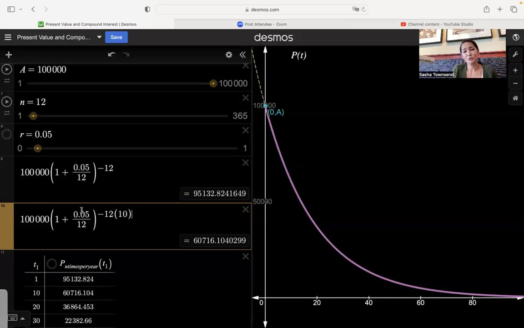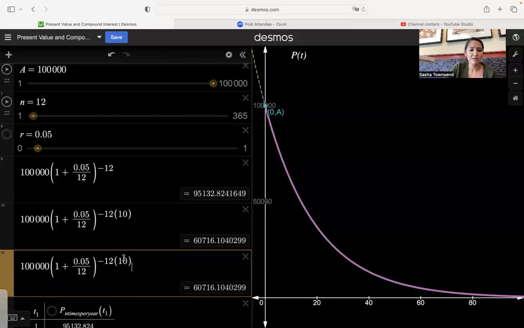We're doing that actually 120 times. If we do that 120 times to this initial amount of $60,716, for 10 years, then at the end of that 10-year period, we'll have $100,000 in our account.